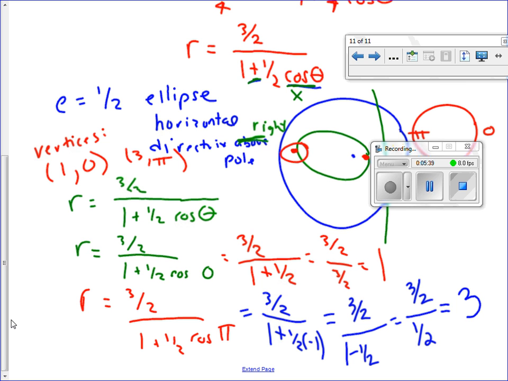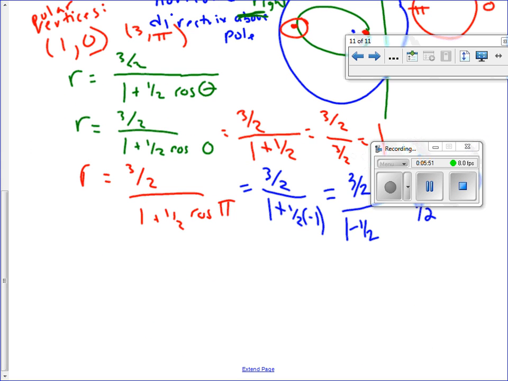So my two coordinates in polar, let me write that that's polar. The polar vertices are at 1, 0, where 0 is theta, and 3, pi. If I convert that into rectangular coordinates, here's a polar graph. 1, 0 means you go to 0 theta, you go out 1. 3, pi means you go to angle pi, which is over here, and you go out 3 units.